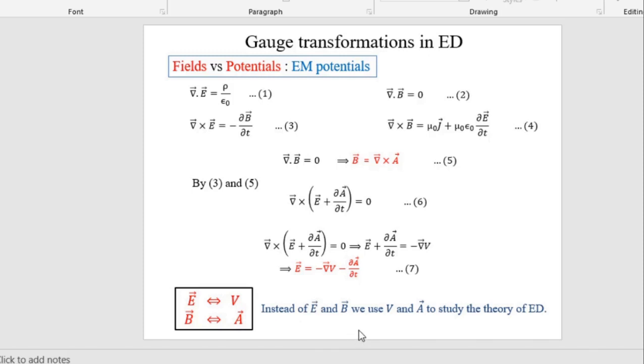So we can also consider this point from that point of view, that instead of E and B we will consider the potentials V and A to continue our present discussion.